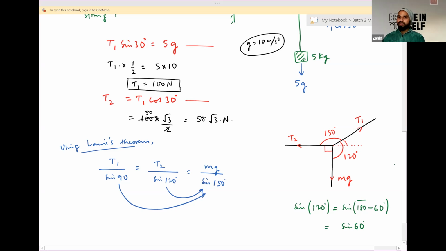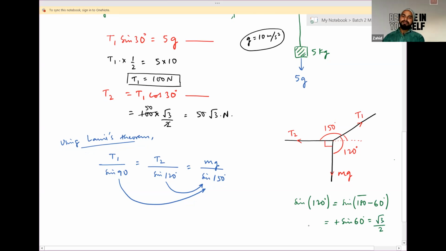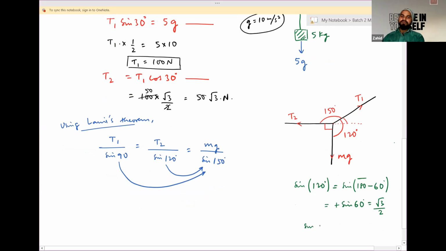And since this whole angle lies in the second quadrant where sine is positive, it will be root 3 by 2. Similarly, sine of 150 degree equals sine of 180 minus 30, so it will be sine of 30 degree, which equals 1 by 2. So if you put these two terms in this expression, you will get T1 and T2 directly.